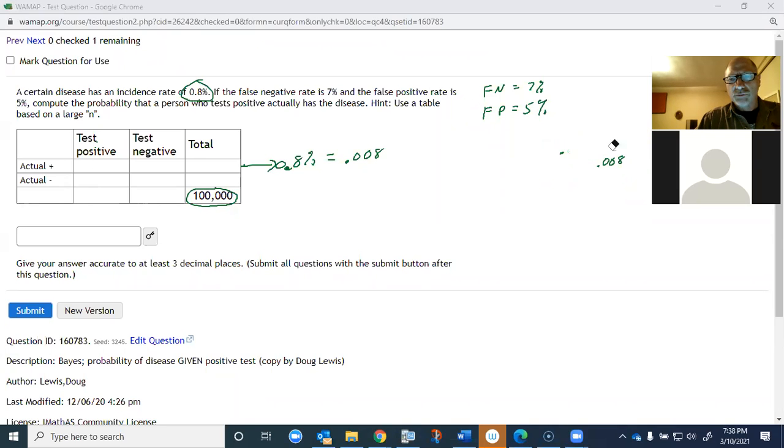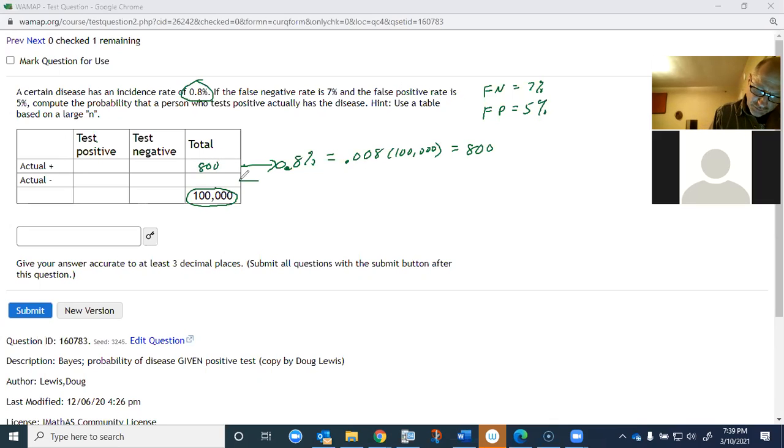Okay, so we're going to take 0.008 times the total of 100,000. And that's really 8 out of 1,000. So 1, 2, 3, 1, 2, 3. I think that's 800. You can double check that if you want. So that gives us 800.